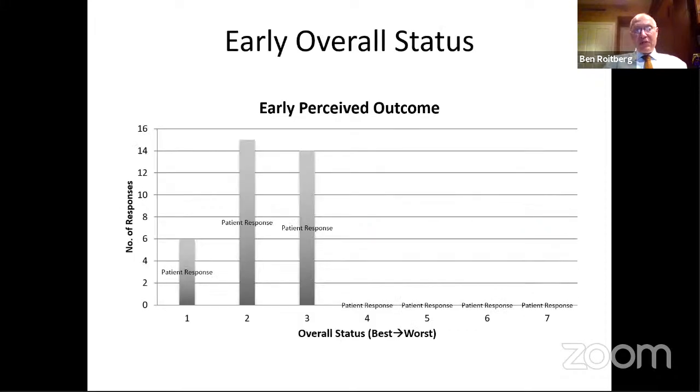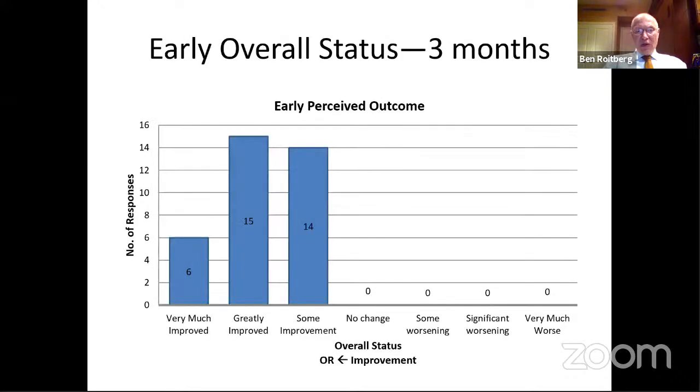We also have a perceived outcome, here it is. That's a better thing. So we have the early perceived outcome, which was actually a patient questionnaire that asked them how they are doing compared to before surgery.